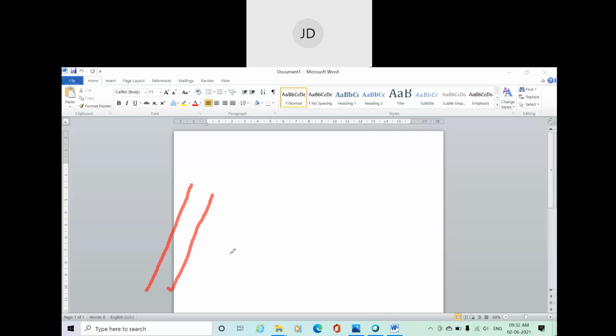This is a railway track. Suppose this is a railway track, and a particular train is moving in this direction. Now suppose because of an obstruction, or because the train has to reach this point, to connect this point with this point, what do we need to do?